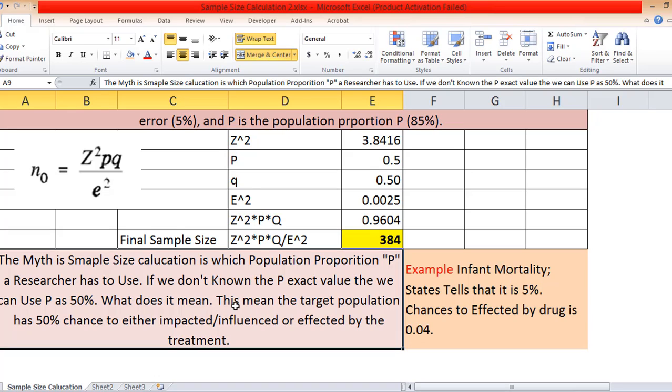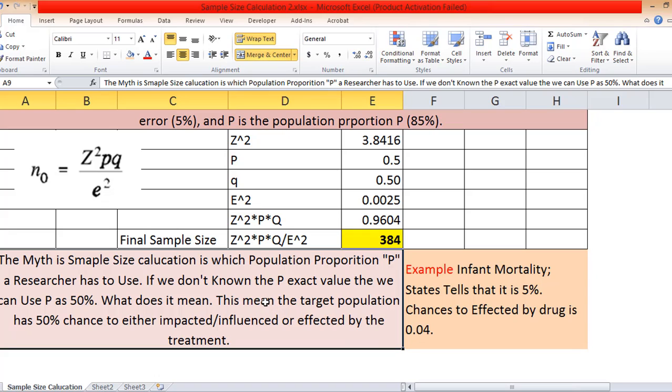P can also be calculated using a pilot test. For example, if you are going to study a certain topic, you can carry out a pilot study on that topic, collecting a few samples, and based on those samples, you can calculate your prevalence factor, that is, what proportion of the population is affected by your treatment.